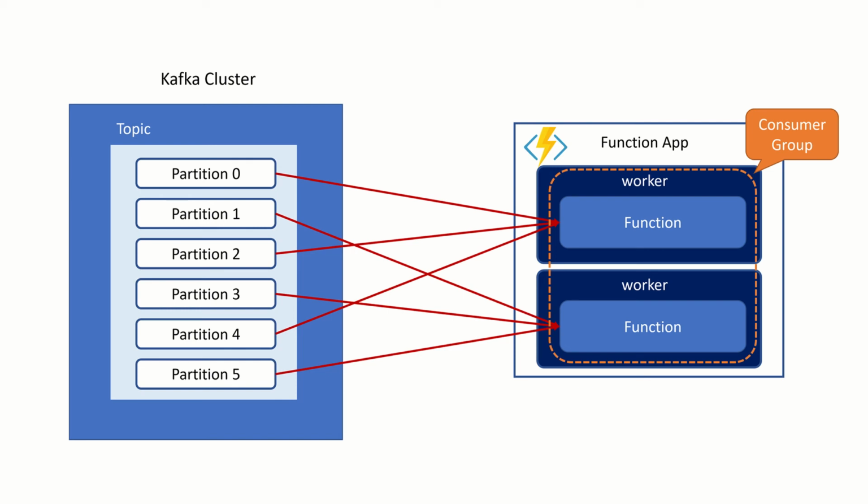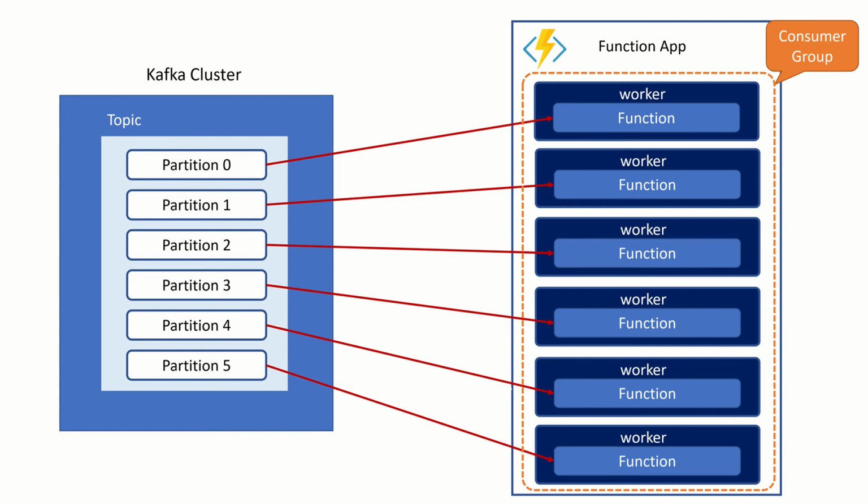So it's great. If you want to maximize the throughput, how can I do it? This is it: if you make the number the same as the partitions, if you scale out to 6 in this case, then it maximizes your throughput, because each function runs in parallel, 6 in parallel.